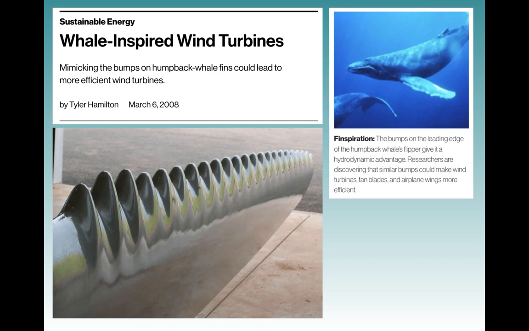So this is an example, a wind turbine that is modeled on a humpback whale fluke, and the tubercles that are part of the whale's biology can be incorporated into this turbine blade design and actually make the blade significantly more efficient at generating electricity. So that's bio-inspired design or biomimicry, and that's a growing field in environmental science that combines studying nature and efficiency of our built environment.